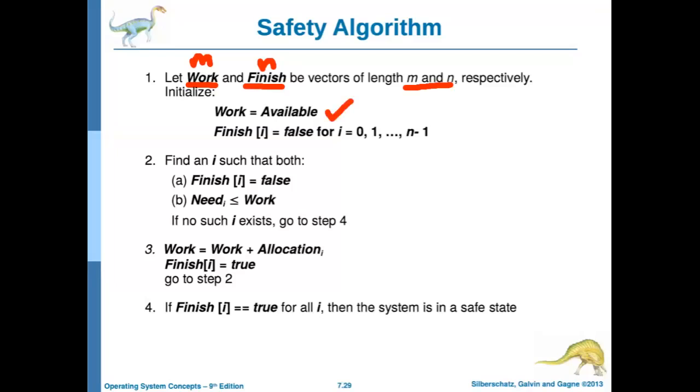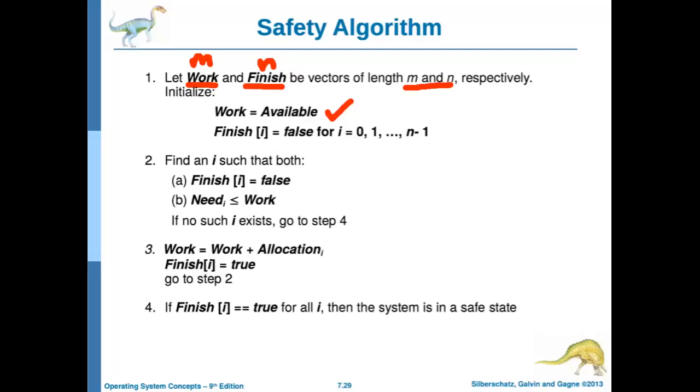There is a question: how are n and i both processes? See, n is used to specify the maximum number of processes in the system. So if there are 10 processes, I can say P1, P2, P3, P4, up to P10. That is what the use of n is. And i is used to select the specific process. So whenever I say Pi, it is a process. So the variables i and n are related to process.